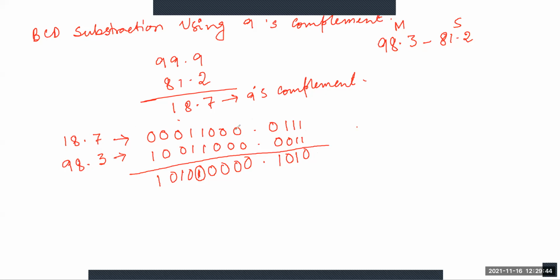So 0 plus 0 is 0, 0 plus 0 is also 0, but this is 1 plus 1. 1 plus 1 means 0, but we have carry 1. It is clear up to this? Till now it is okay?